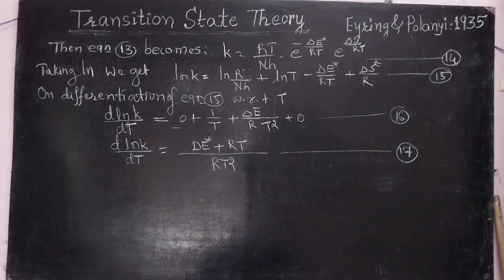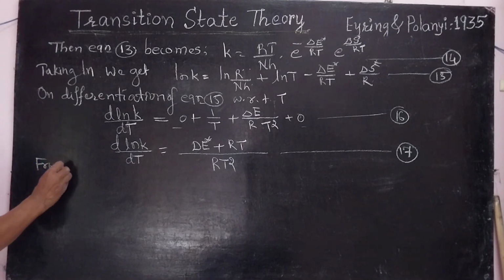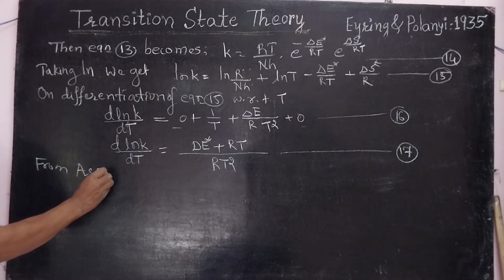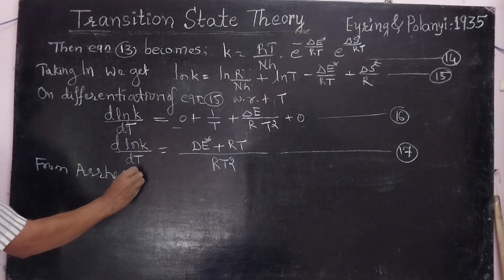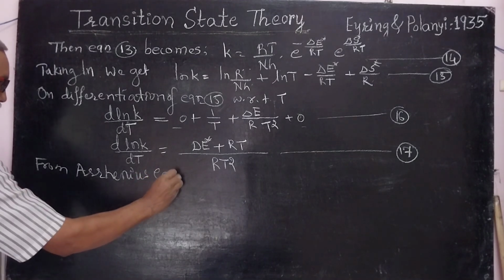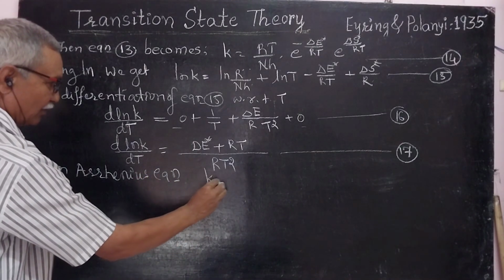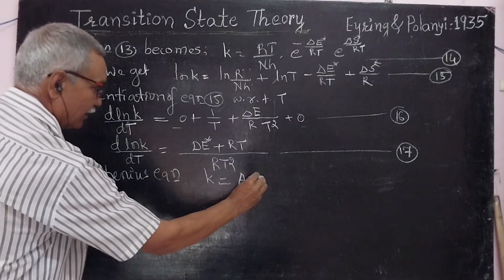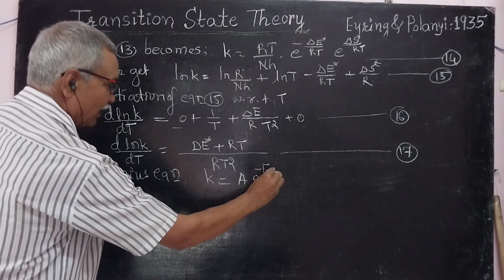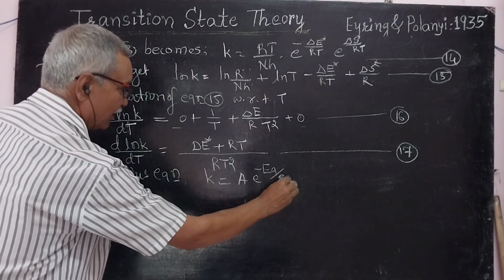Now, from the Arrhenius equation, we have k is equal to A e raised to minus Ea divided by RT.